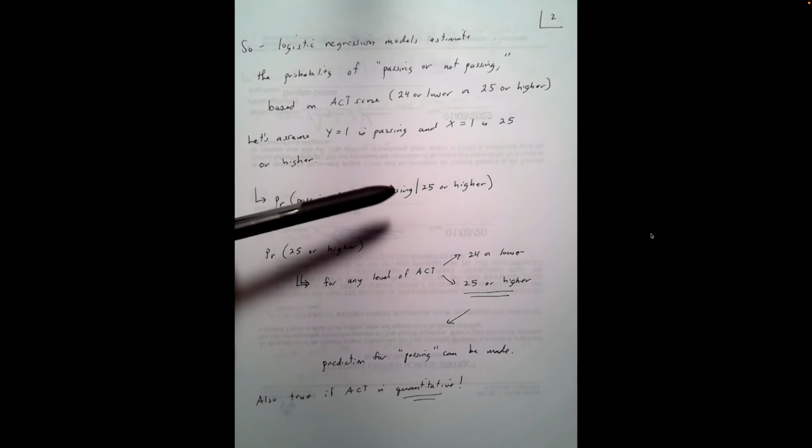So for any level of ACT, again, as it's dichotomously coded, 24 or lower, 25 or higher, we can predict the probability of passing using a logistic regression model. It's also true if we just use ACT as a quantitative variable, 18, 19, 20, 21, like that, it would be the same thing. We would still have the probability of passing status, in this case if it's coded 1, of being passing, given their ACT score as a quantitative measure.